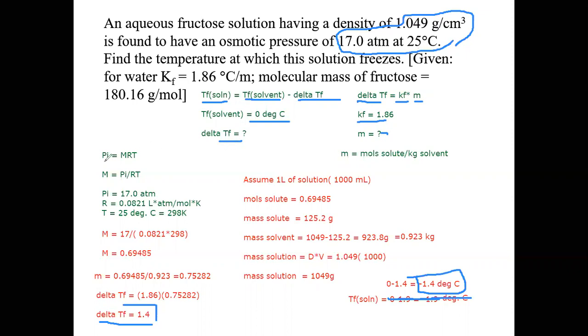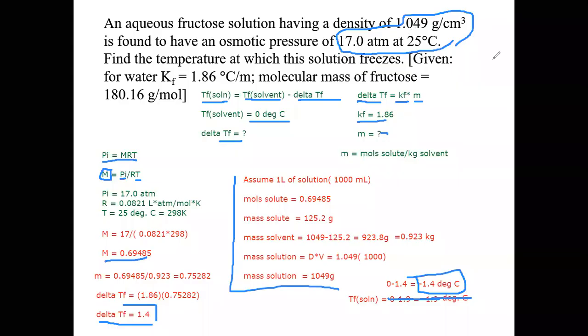And that's where we use the osmotic pressure equation to give us the concentration in molarity, because we know the osmotic pressure and temperature. So once we found the molarity, we converted it to molality. That's what we did in the middle here. Once we found the molality, we found delta TF. Once we found delta TF, we found the freezing point.